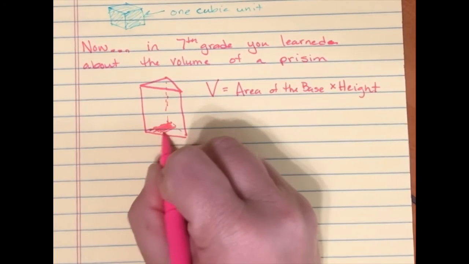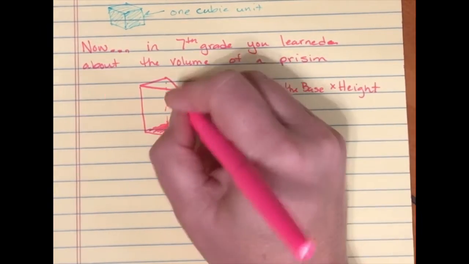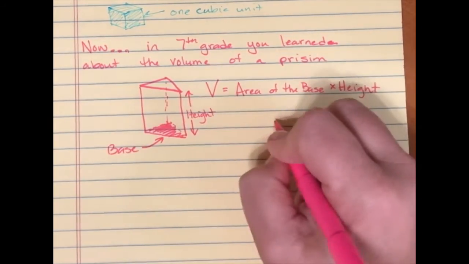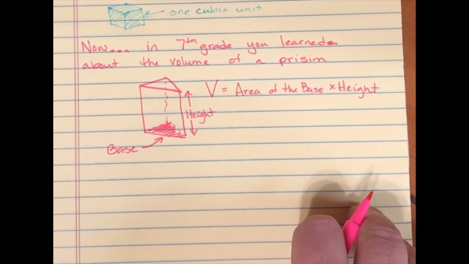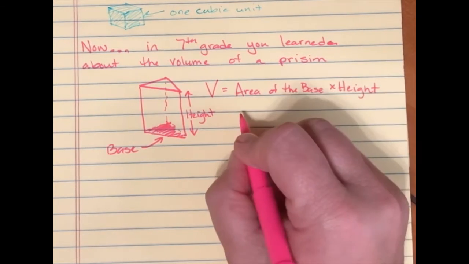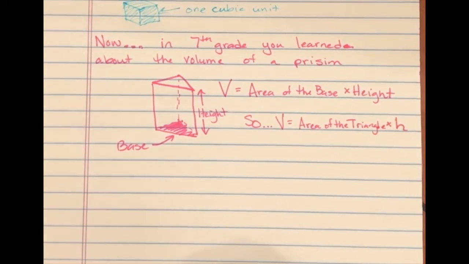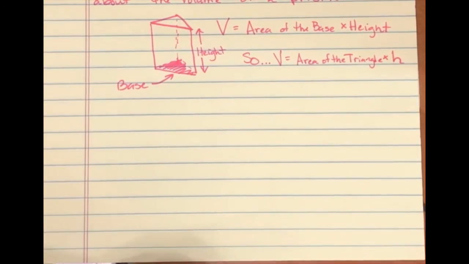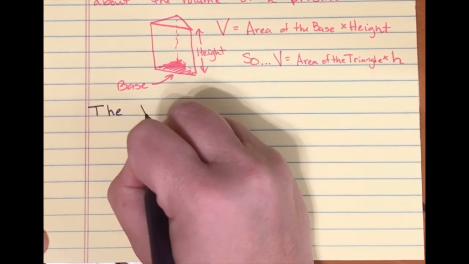So you find the area of that triangle and then multiply it by the height. Imagine layers of blocks of those triangles just stacked up. And you multiply it by the height, and that will tell you how many cubic units, the volume of that triangular prism. Right? So really, the volume of a cylinder is very similar.